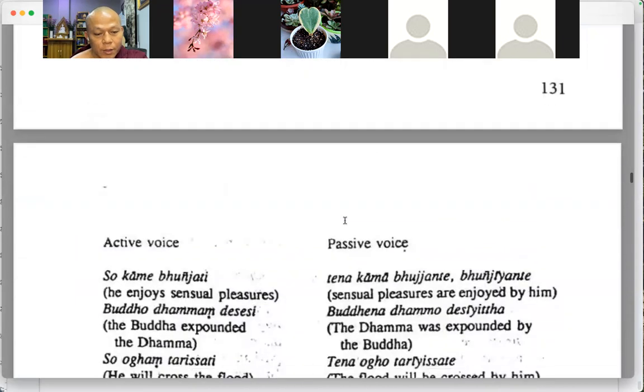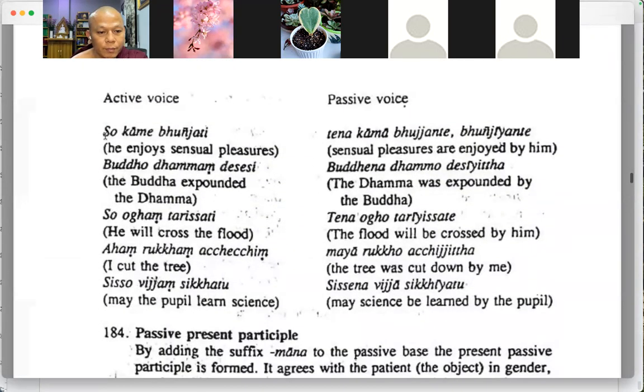Okay, and then the next information is what? Here are some examples. You see, Gami Bonjeti, that is active: he enjoys sensual pleasure. But in the passive, Dina Kama Bojati or Bojandi. Kama is plural, that is Bojandi or Bonjiyandi: sensual pleasures are enjoyed by him.